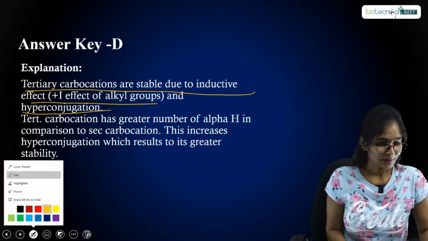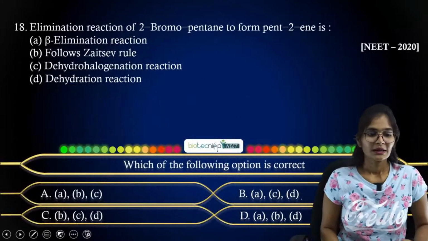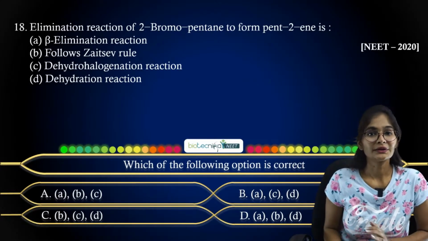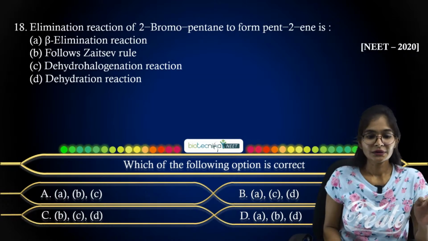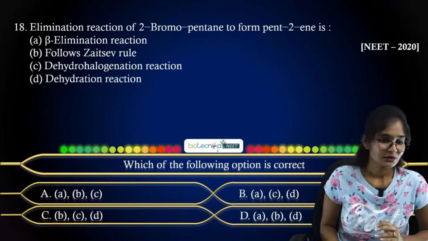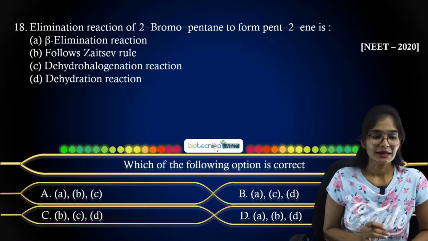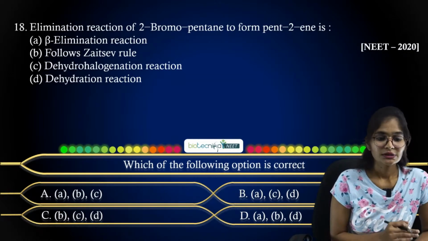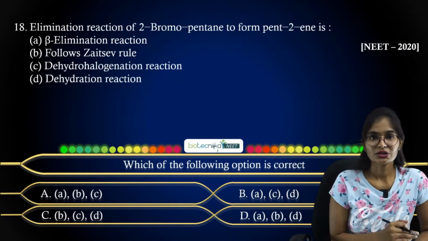Now coming to the next question: the elimination reaction of 2-bromopentane to form pent-2-ene is. They have given the conversion of 2-bromopentane to pent-2-ene. Your job is to look at A, B, C, D, whatever they have given: beta elimination, Zaitsev rule, dehydrohalogenation and dehydration reaction, right?